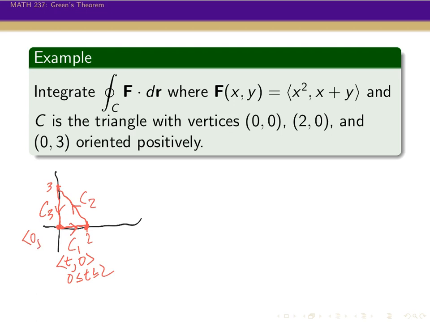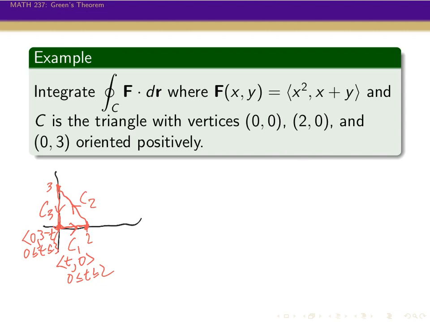So I'm going to represent this as 0 comma 3 minus t, with my t's going from 0 to 3. This will force it to start at 3, and then as t increases, it brings me down.